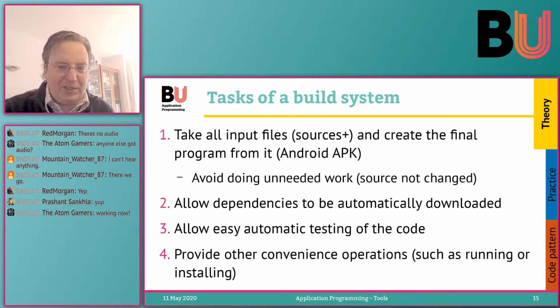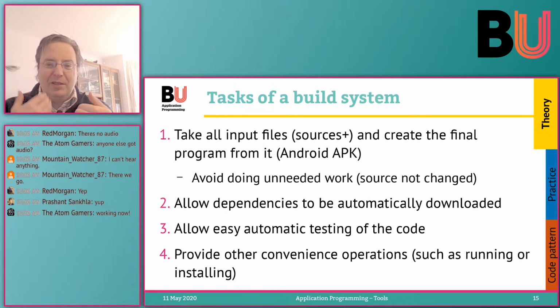But there's a lot of things going on underwater. An interesting thing of modern build systems is that they are often able to automatically download your dependencies. That makes your development a little bit easier. There are some limitations to that in some contexts, but let's not go there.